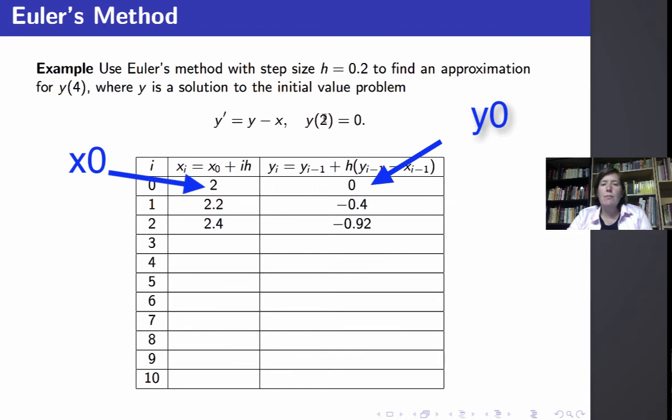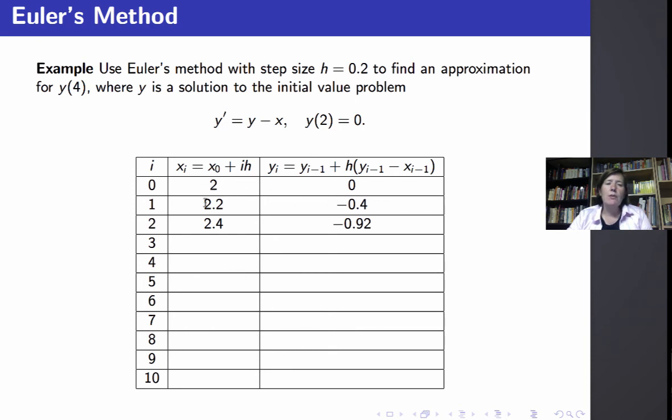I start with my initial point x naught, y naught equals 2, 0, and I generate an approximate solution joining 10 points in the interval between x equals 2 and x equals 4. And of course, the final y value after this 10th iteration of Euler's method will give me an approximation for y of 4. x naught, y naught is the initial point along my approximate curve, and that's 2, 0.